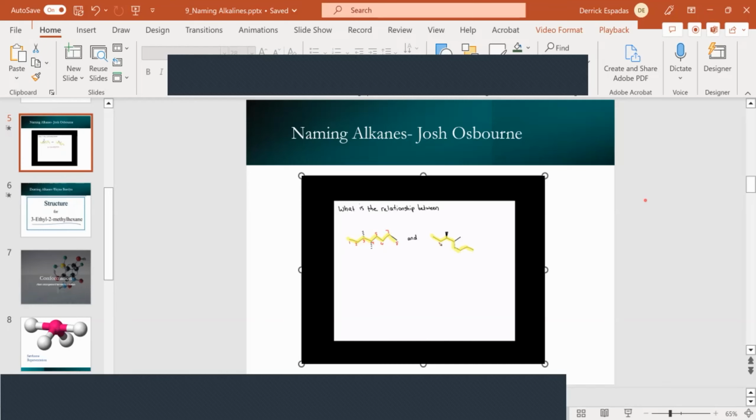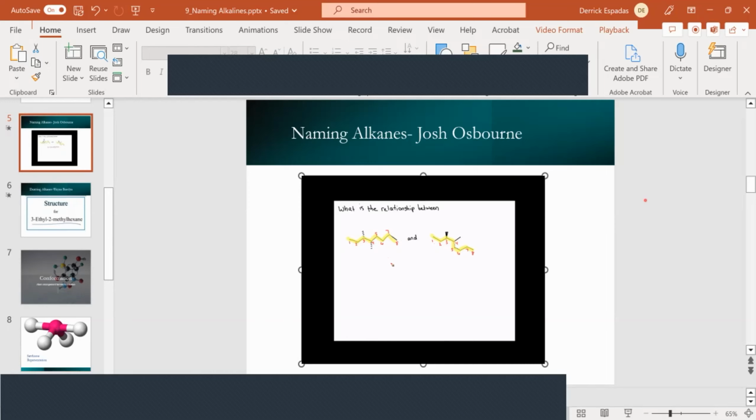We get that one numbered like that, and this one numbered from left to right. For both of these, we have an octane chain with methyl groups at carbons 3 and 4.